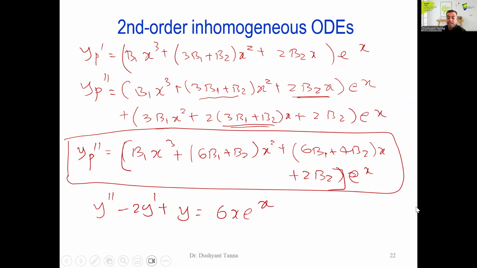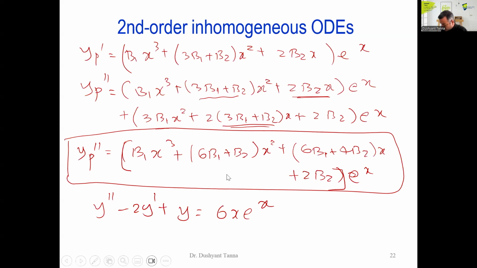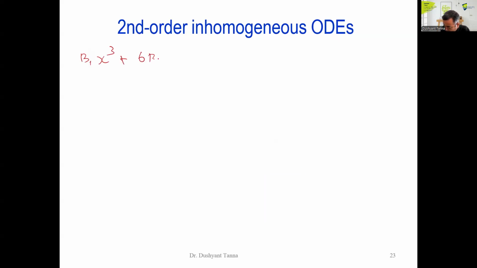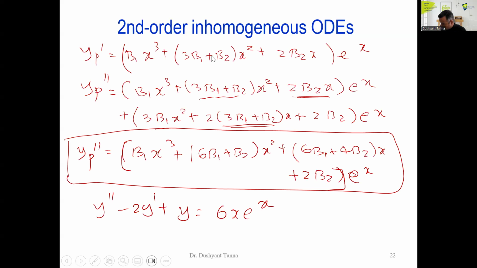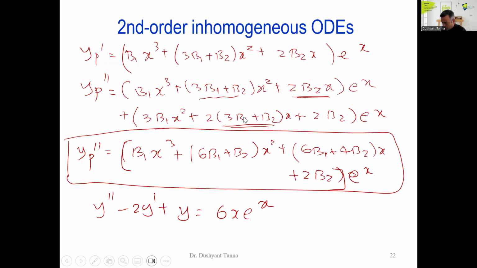Right. Again, I'm changing the slides a bit, up and down. B1x3, 6b1 plus b2 x squared, 6b1 plus 4b2x, 2b2, minus 2y dash.